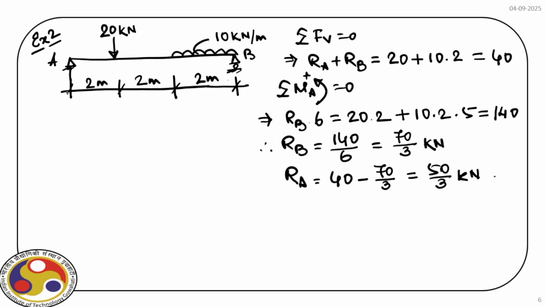So we have two reactions at the ends. This is RA, which is equal to 50 by 3, and at the other end, we have RB, which is equal to 70 by 3.